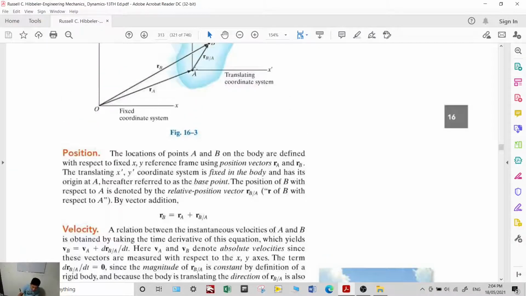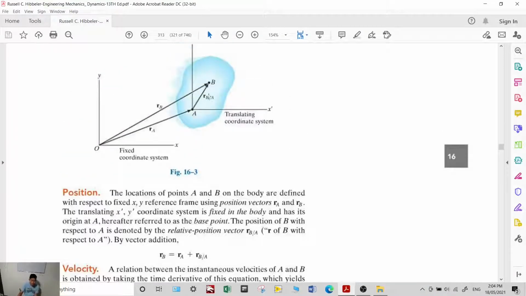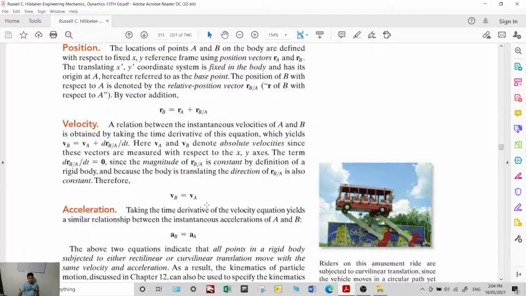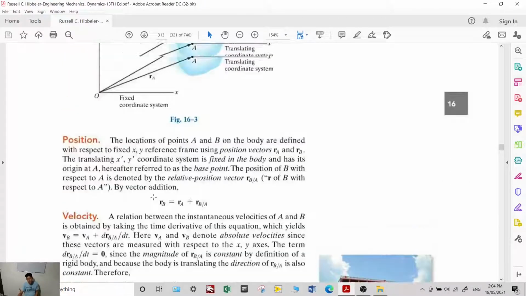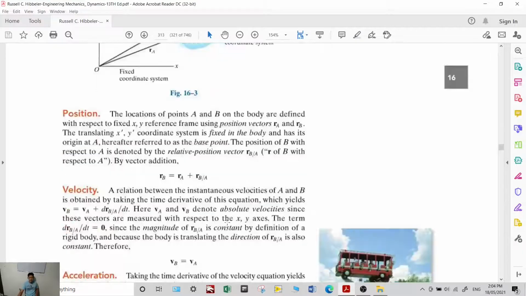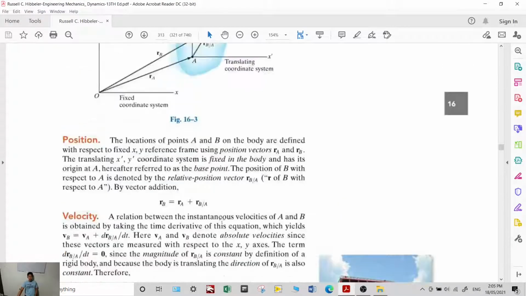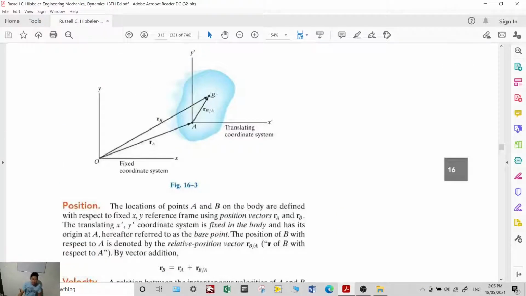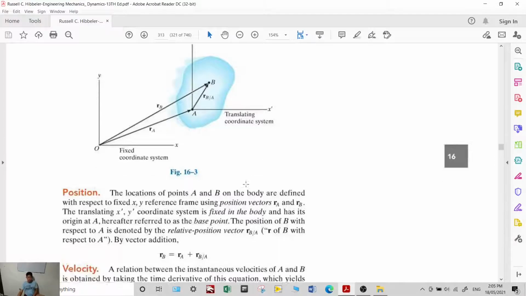Why is that? Because it does not change, it is constant, so it is 0. Therefore, the velocity of B and A are just equal. What does this mean? It means that within a similar plane, the points travel at the same velocity.